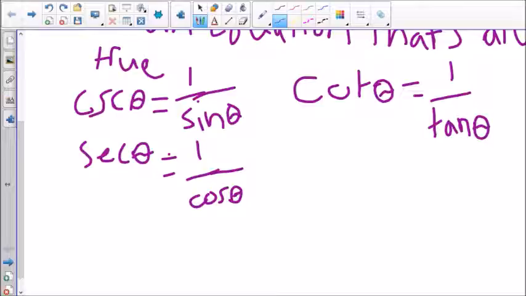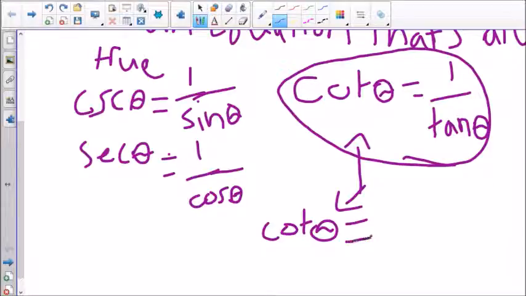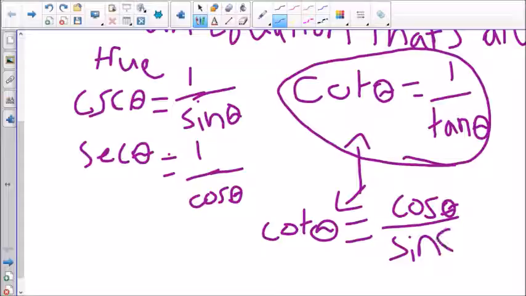Now, these are reciprocal identities, but something that makes the third one, cotangent theta, easier to prove is what is known as a ratio identity. Instead of writing this, you write cotangent theta equals cosine theta over sine theta.